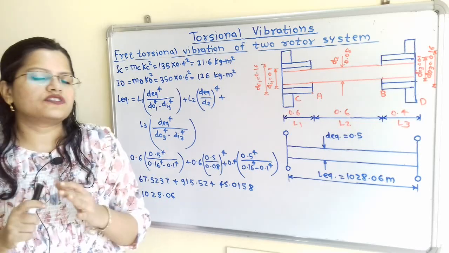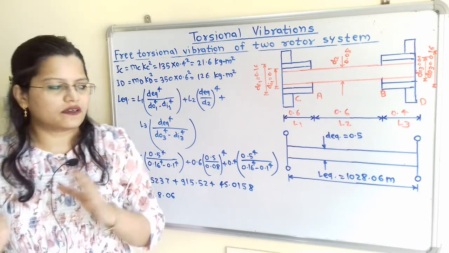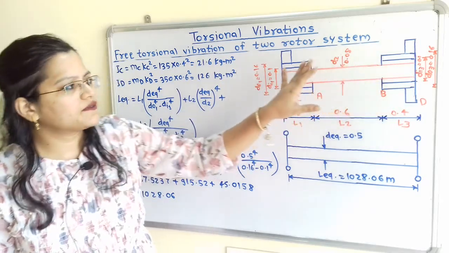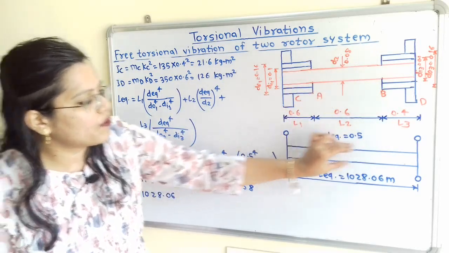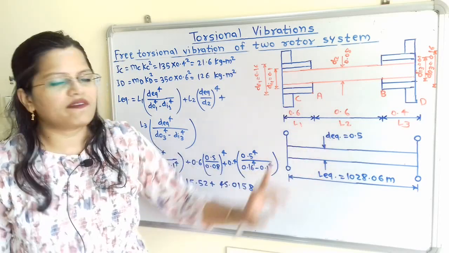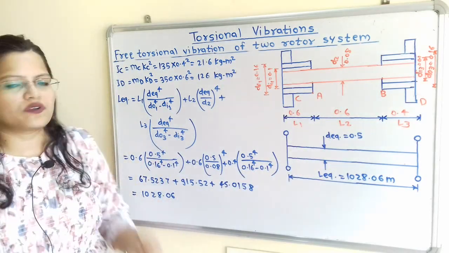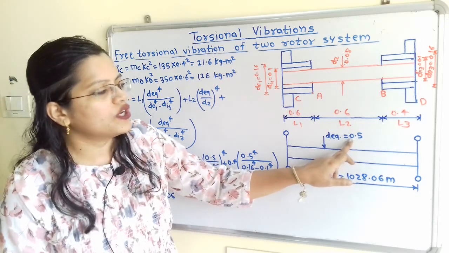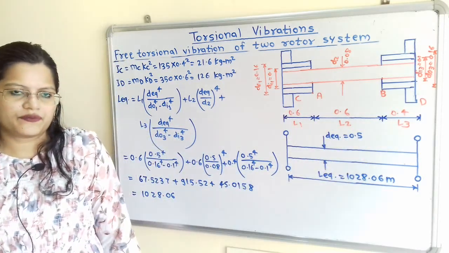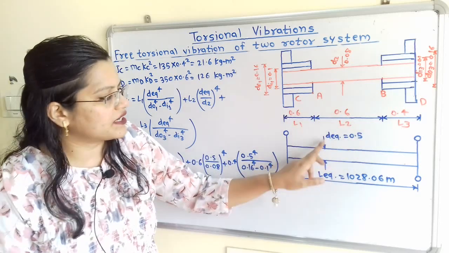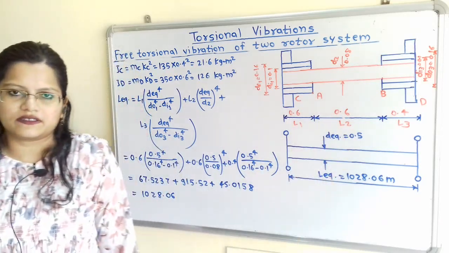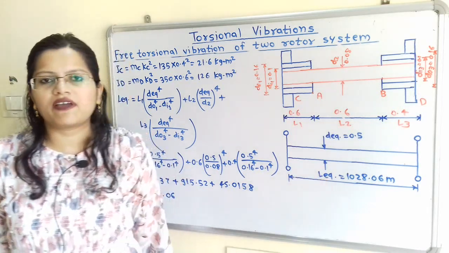If I replace this uneven shaft with a uniform diameter, then we have to assume a particular value for D equivalent. I will consider D equivalent equal to 0.5 meter. Then for this equivalent diameter, we have to calculate the equivalent length. So how to calculate this equivalent length?